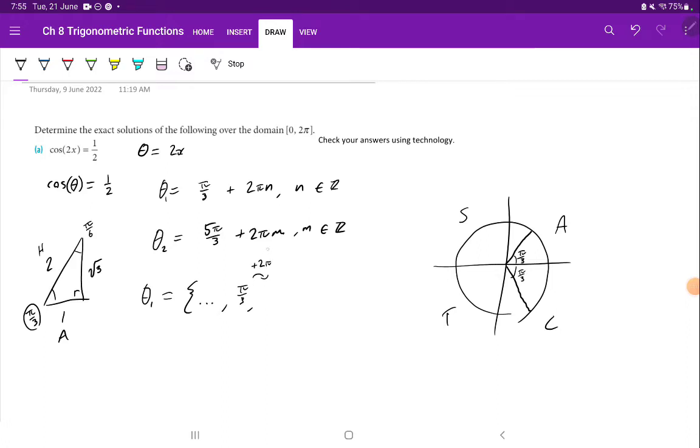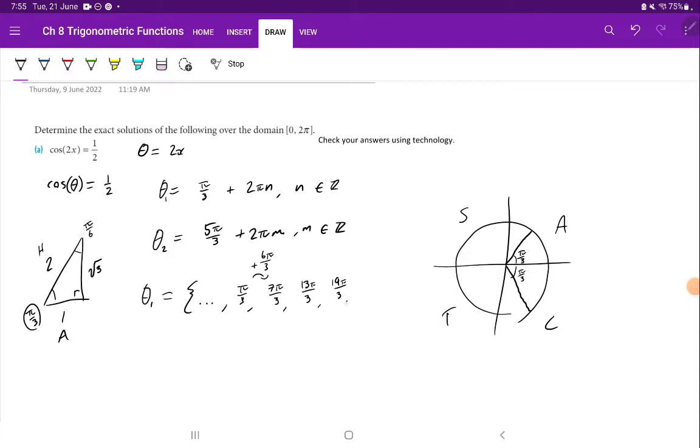But adding 2 pi is a bit of a pain, so let's instead add 6 pi on 3, which is still 2 pi, just written a little bit easier. So this is going to be 7 pi on 3. And repeat again. The next one is going to be 13 pi on 3. And the next one's going to be plus 6 again, 19 pi on 3.